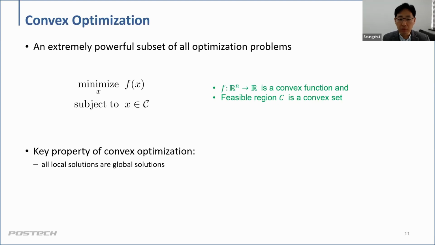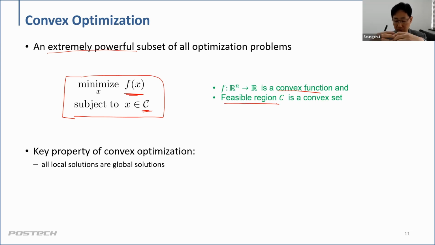The convex problem is an extremely useful and powerful subset of optimization problems. The definition of convex optimization is that, for the general optimization problem model, the objective function is a convex function, and the feasible region C, the space that the decision variables can have, is a convex set.